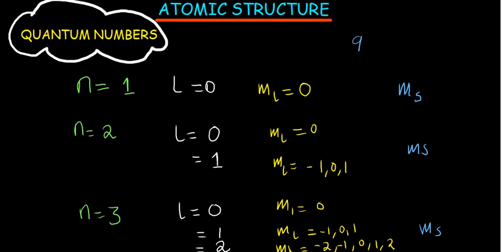Now that we have understood this, we also need to know that an orbital looks like this, meaning that an electron can either point up or point down. That is what we are calling the electron spin, depending on the electrons that are in that orbital.